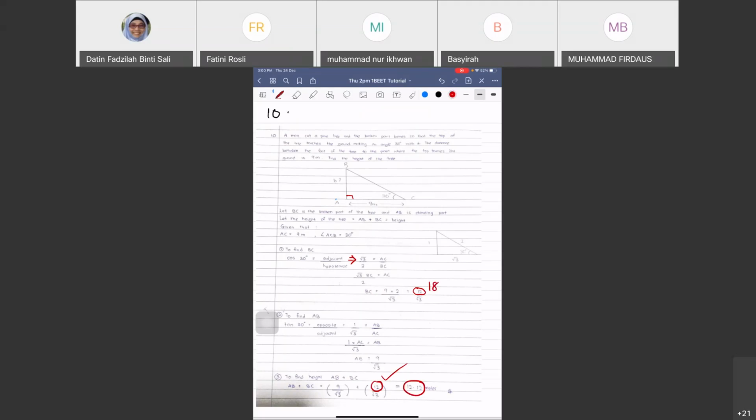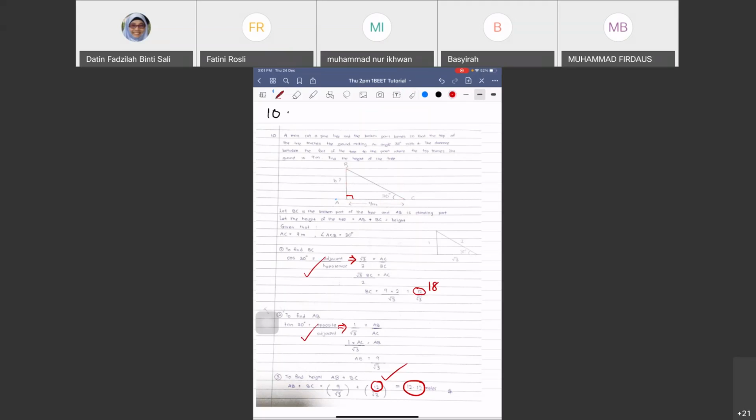Then you find your AB. So now AB is here. Again, using tangent this time, because tan is opposite over adjacent. So this is correct, tangent. You're using tangent; this is using cosine.